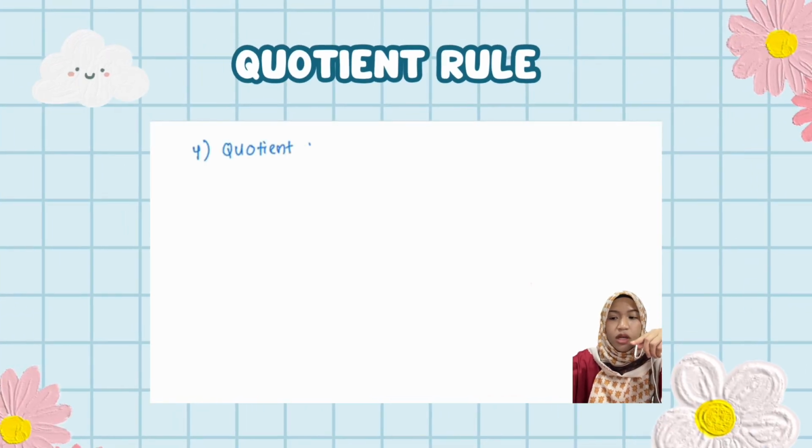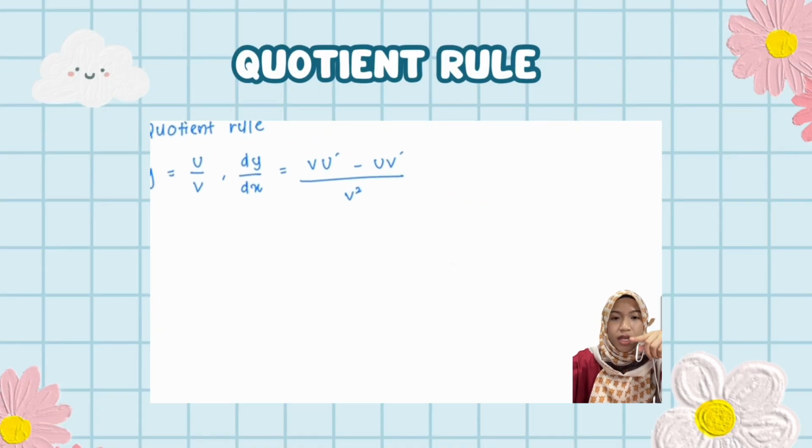And rule number 4 is the quotient rule. Quotient rule: y equals u over v, dy over dx equals v multiplied with u prime minus u multiplied with v prime, over v squared.